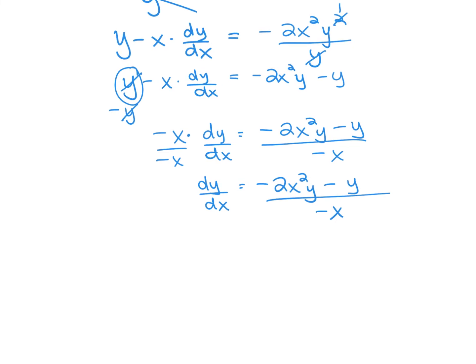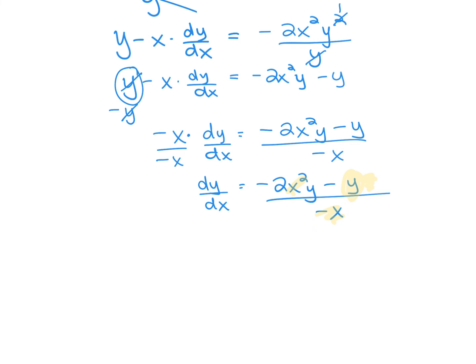Now, some people might ask about canceling out an x here and here. You cannot because you don't have an x in this term, and you still need negative x to be the denominator for that second term of minus y.